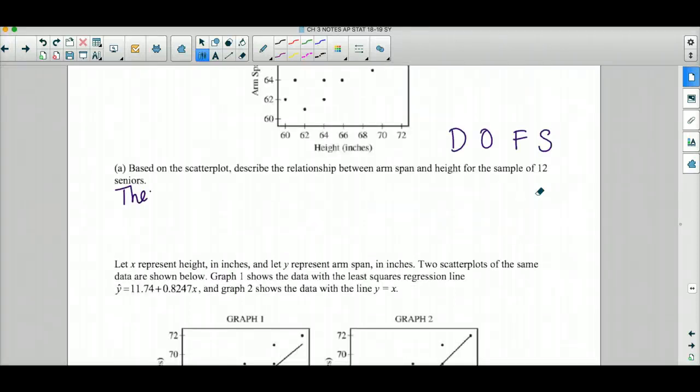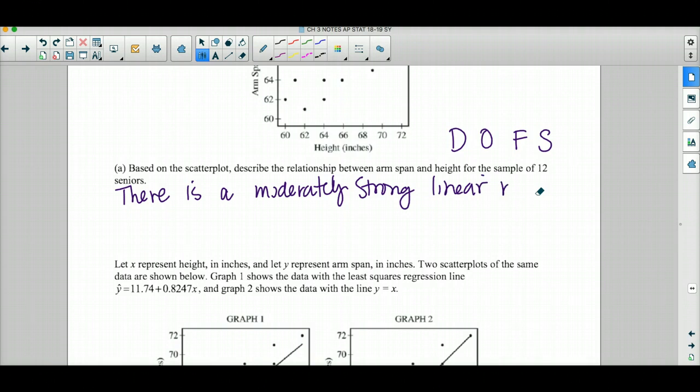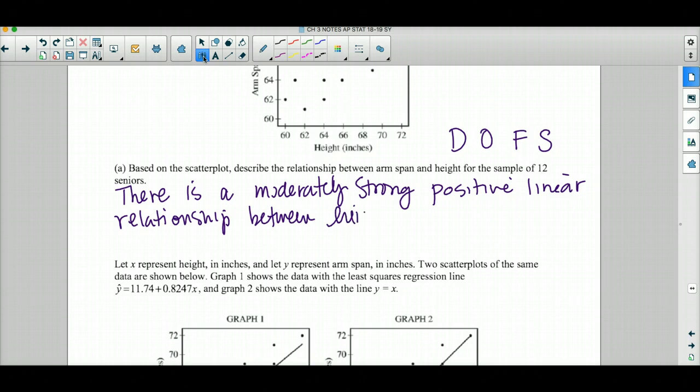So I would say there is a moderately strong positive linear relationship between height and arm span. Okay, now, is there, yes, ma'am?